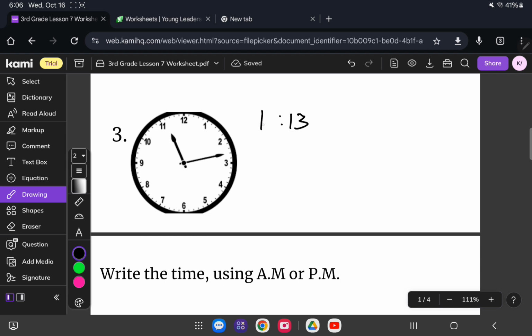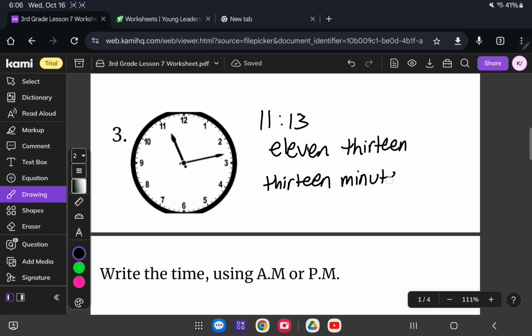So that means it is 11, 13, or 13 minutes past or after 11.